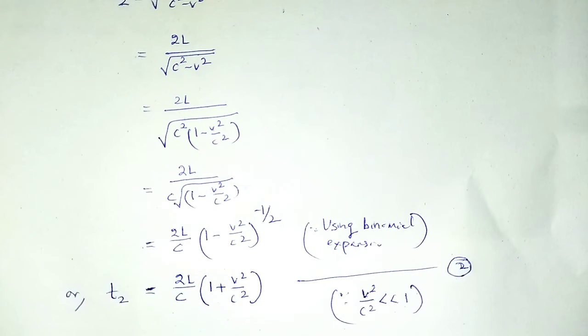Now our aim is to find out what should be the path difference or phase difference. To find that, we have to calculate what should be the difference in time.